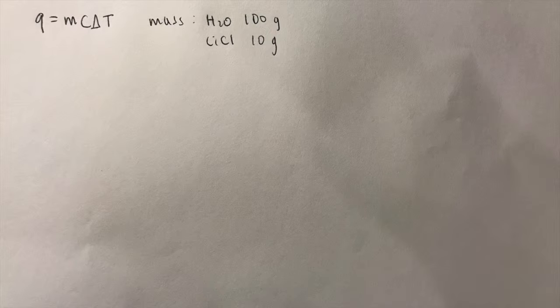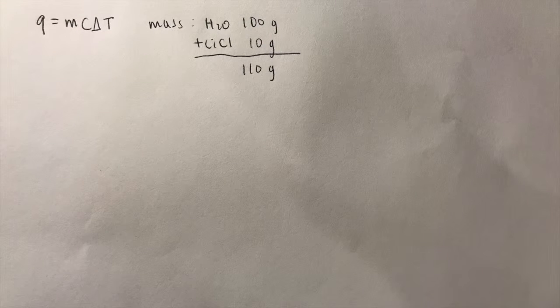So I'm going to write the equation down first and then find the numbers to substitute in. So I write down that there's 100 grams of H2O and 10 grams of lithium chloride, and I'm going to add them together to get 110 grams. And that will be the m.